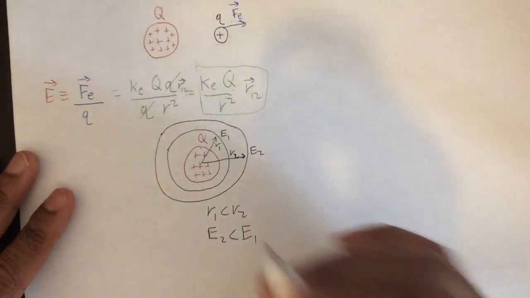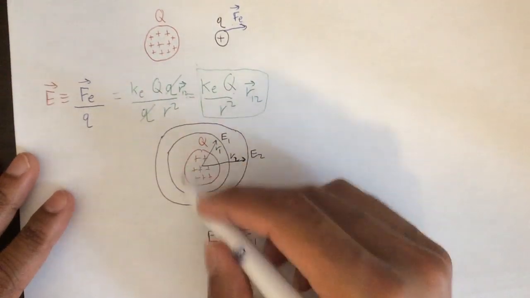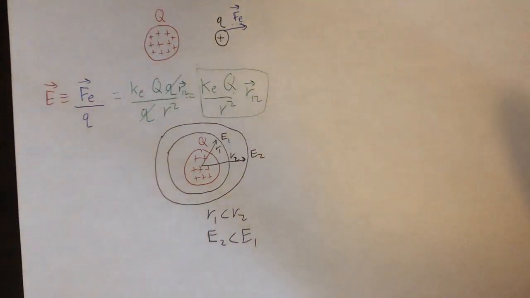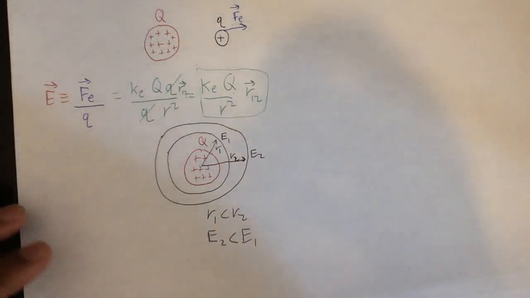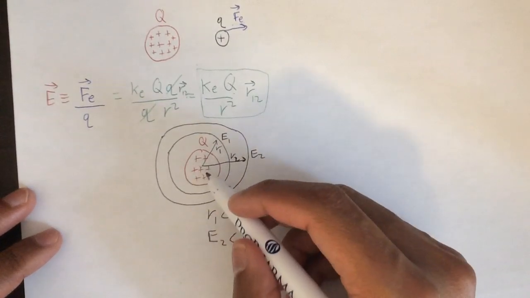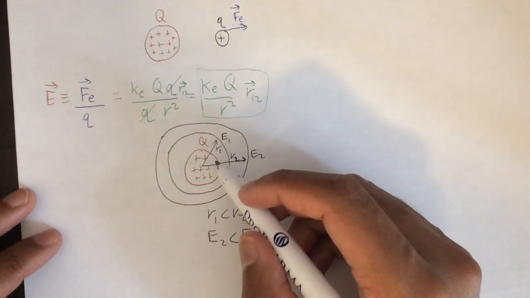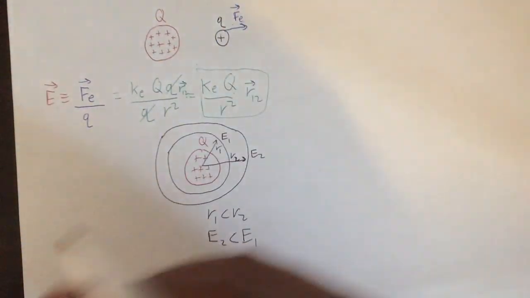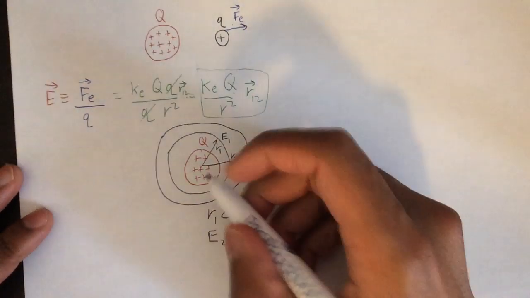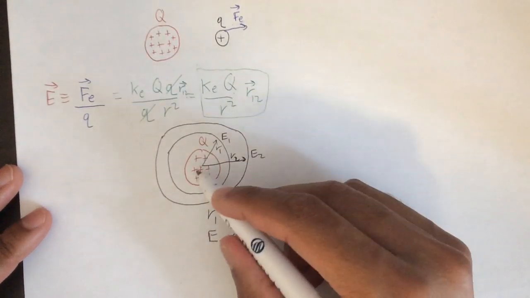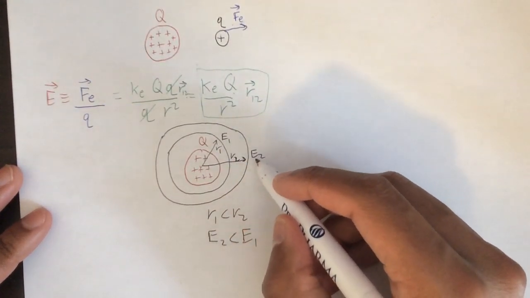All it's saying is that whenever there's a charge, the charge itself sets up an electric field around it. And if it's a point charge, it's going to have a spherical kind of behavior, where the electric field will decrease with r squared as you go away from the point charge.